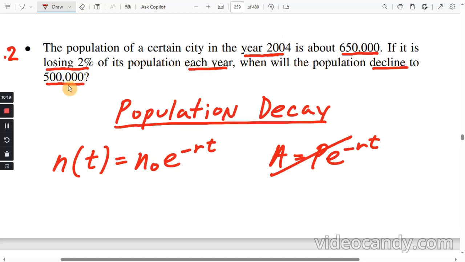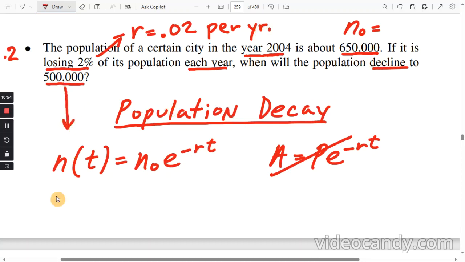Anyhow, when will the population decline to 500,000? Okay, so the initial population, n sub 0, is 650,000. And it's losing 2% each year. Oh, okay, so the rate is 2% or 0.02. And that is per year. All right, and when will the population decline to 500,000? This is going to be your n of t. Okay, that is your ending population.